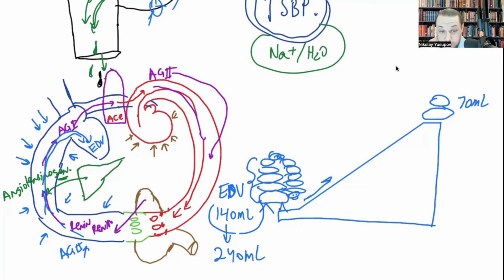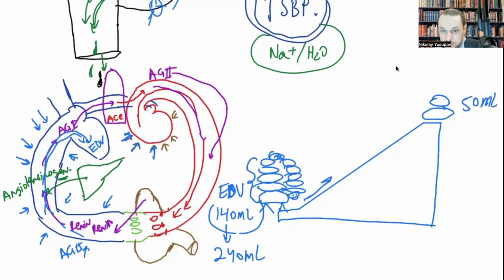Now, we said this person sustained a heart attack, so we said the contraction is not as good. So maybe the stroke volume is not as good, and now instead of having 70, let's say it's 50. So your stroke volume reduces to 50.